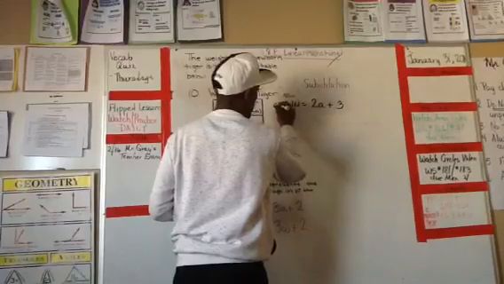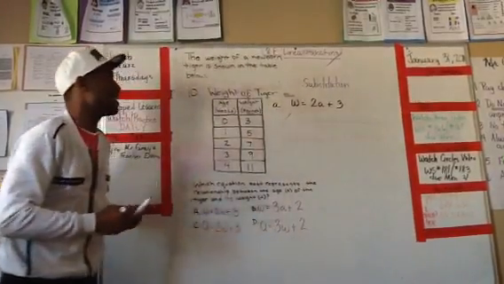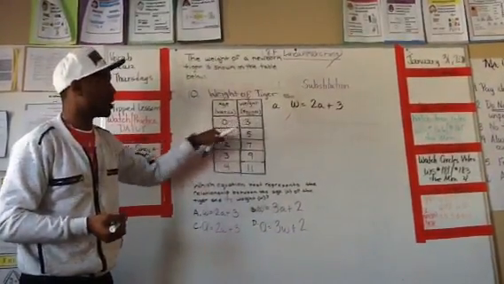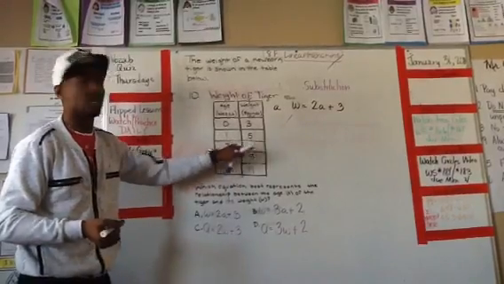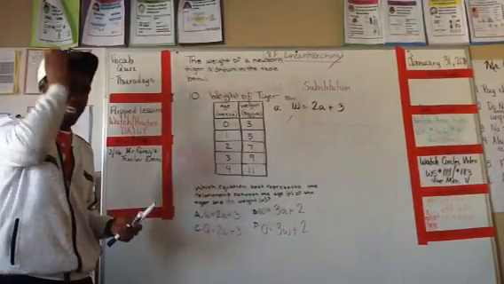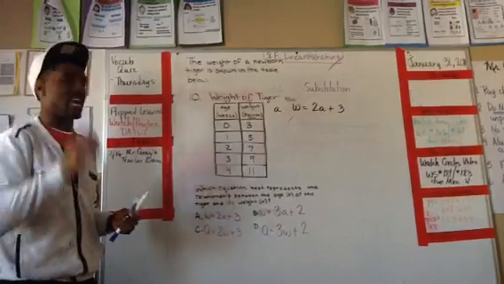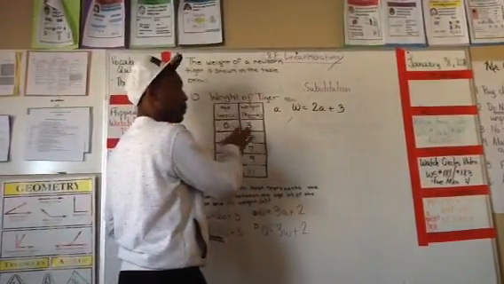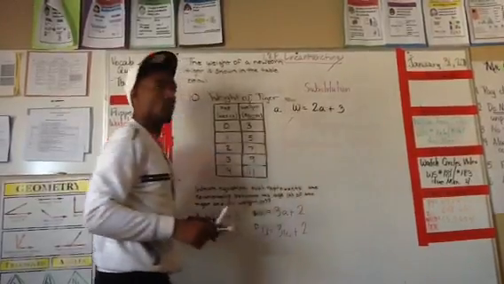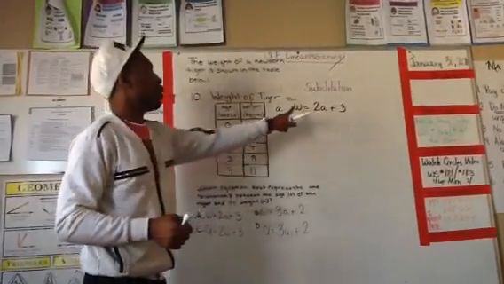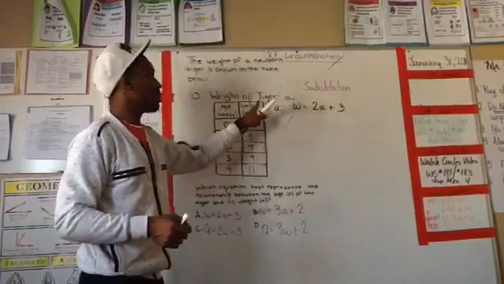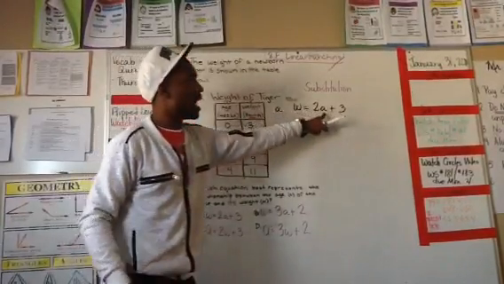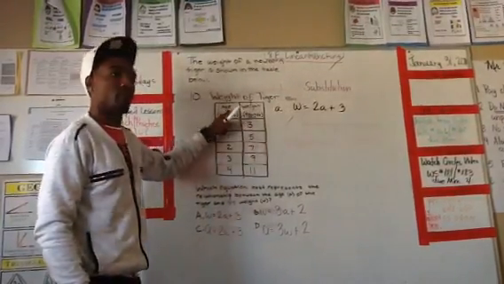And this is the one for A. I take my 5 points, 0, 3, 1, 5, 2, 7, 3, 9, 4, 11, and see if the left side equals the right by substituting the appropriate values in for the appropriate variables. W stands for weight. A stands for age.